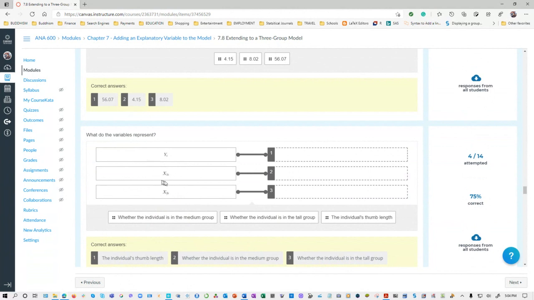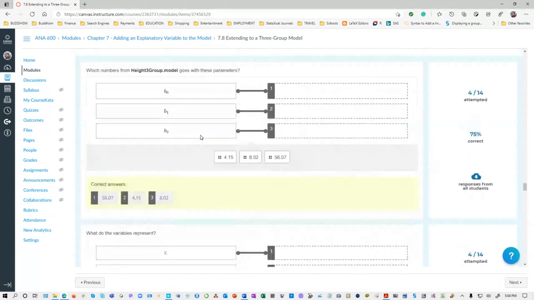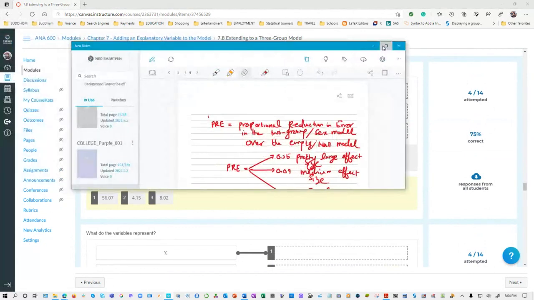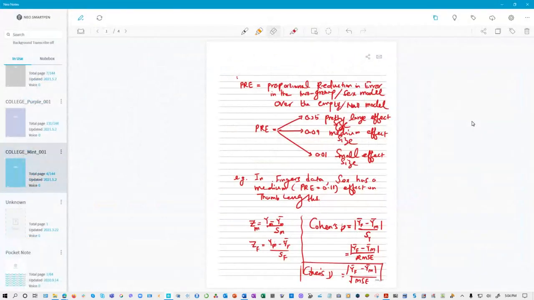The short group has not been included. So earlier, I'm going to compare this with what we had earlier, when you had 2 groups.